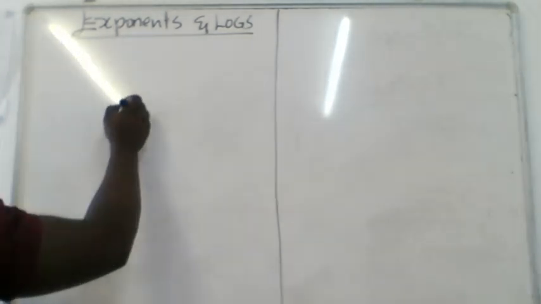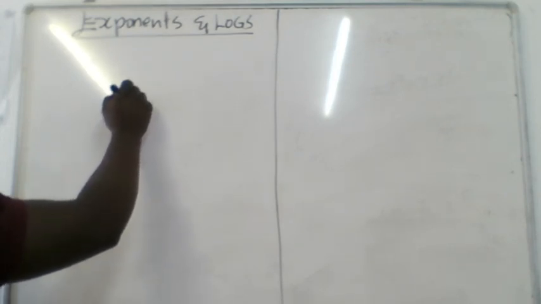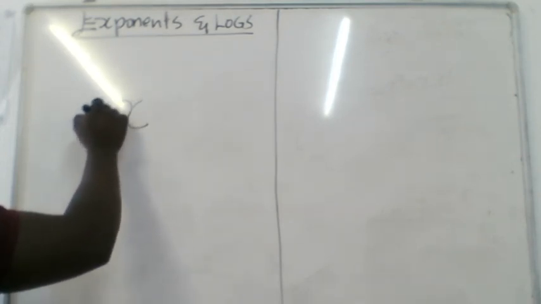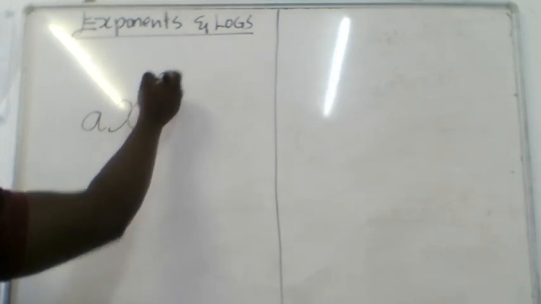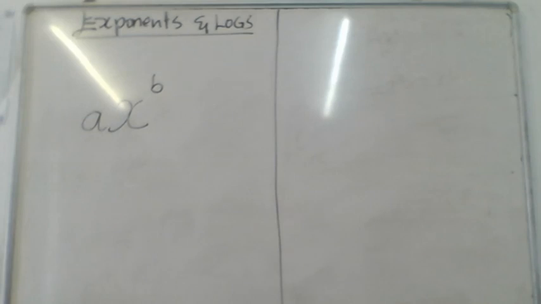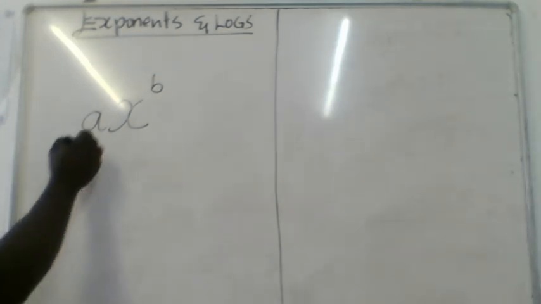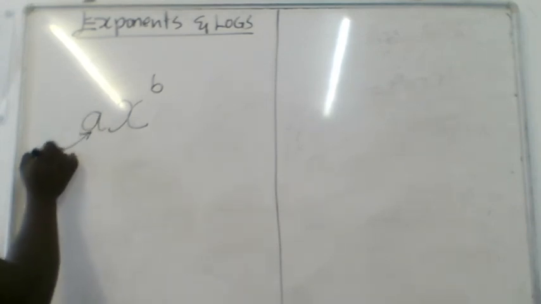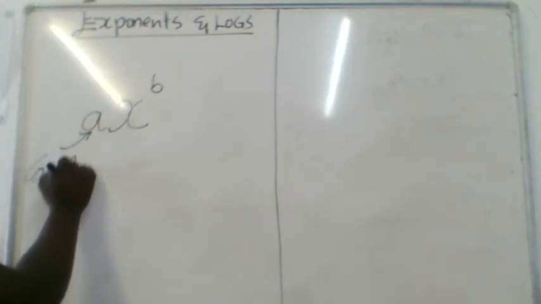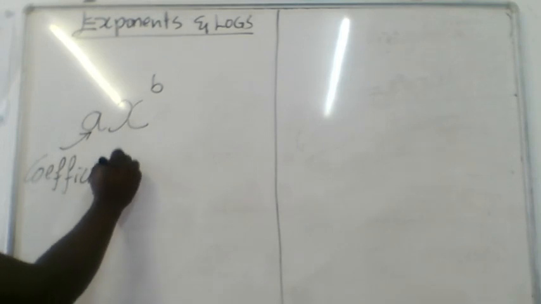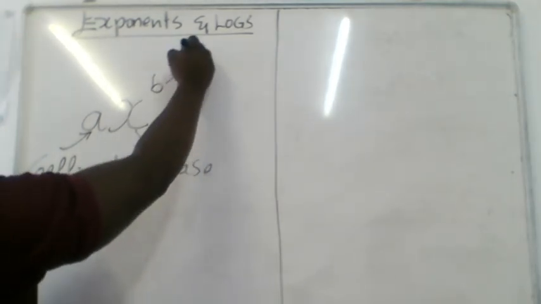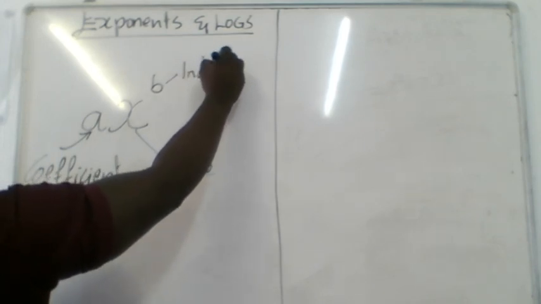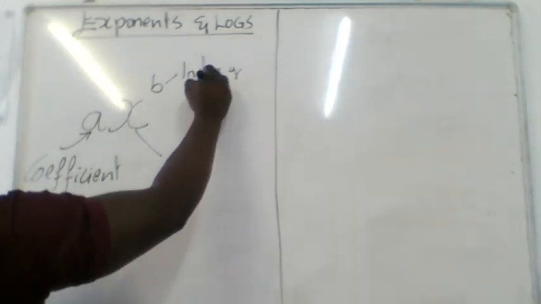Okay, so I'll start with, let me say I've got x, a, maybe b, just for us to understand what they are. So a is considered as the coefficient, x is the base, b is the index or exponent.